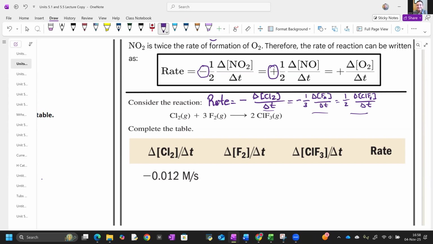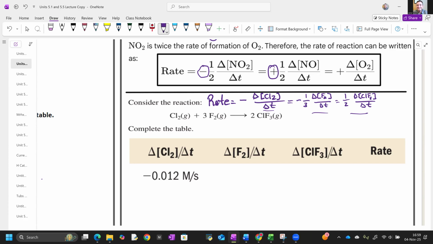So that means the rate for all of those expressions is exactly the same, because the stoichiometry of the reaction is considered. What that does not mean is that the change in the concentration of those reactants with regard to time is equal. While the rate is equal, their changes are not equal. And we're going to see that in this table.